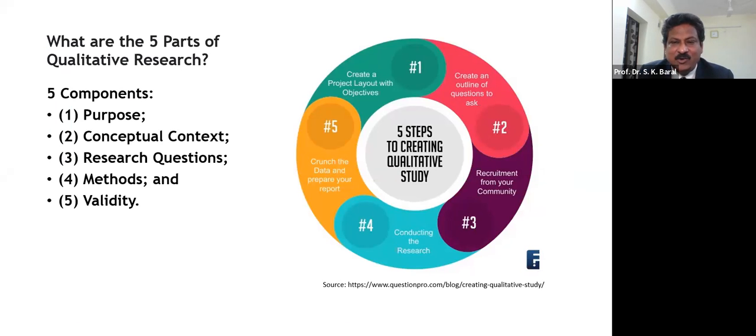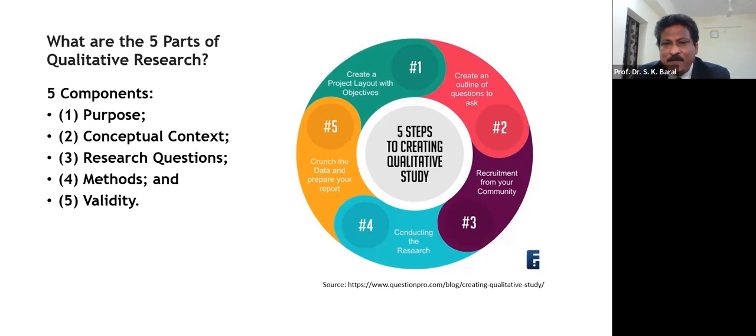I will be telling you there are 5 parts, 5 components, of qualitative research: one is purpose, one is conceptual context, one is research question, one is methods, one is validity.